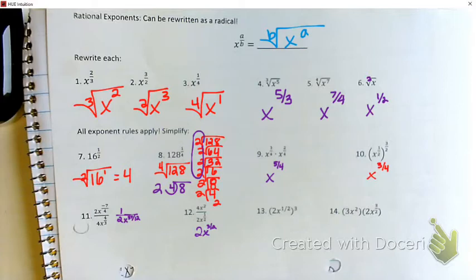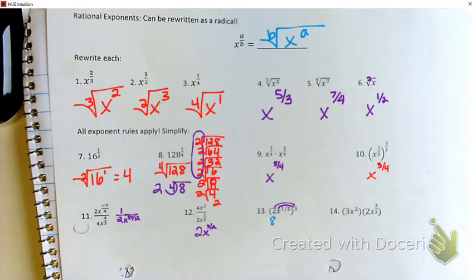Number 13. 13 is very similar to 10. The difference is that there's a 2 right here in the parentheses. But what you need to remember is that both things in the parentheses go to the third. Okay? So we're going to do 2 to the third and then also x to the 1/2 to the third. Okay? When you do 2 to the third, that means 2 times 2 times 2, which is 8.